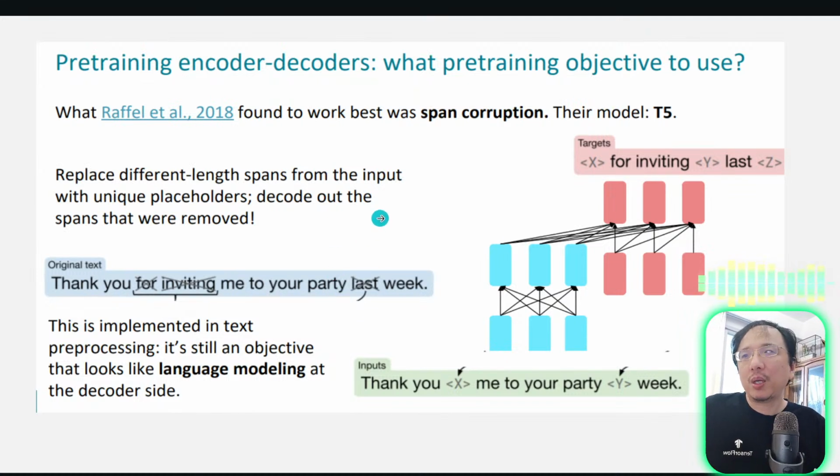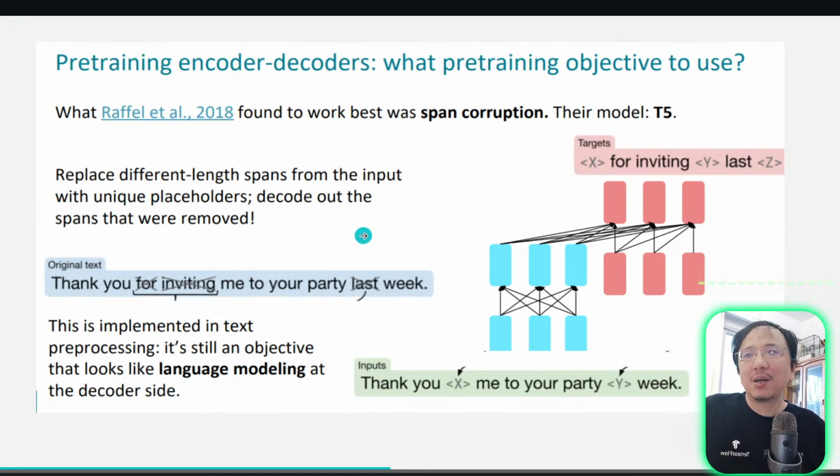One way they do it is that they still apply some corruption to the text. It gives you something like "Thank you <X> me to your party <Y>". This one is a special token for the first part, and you have to answer something like X is equal to "for inviting" and Y is "last". This is how they train T5.